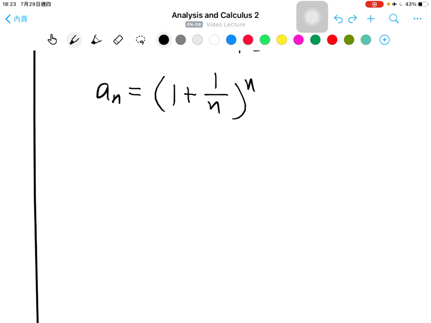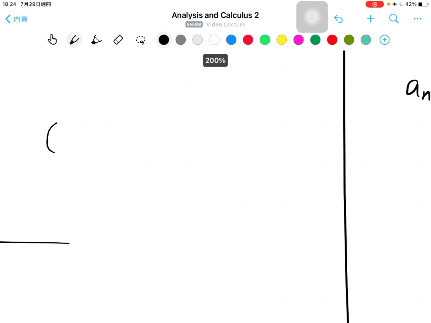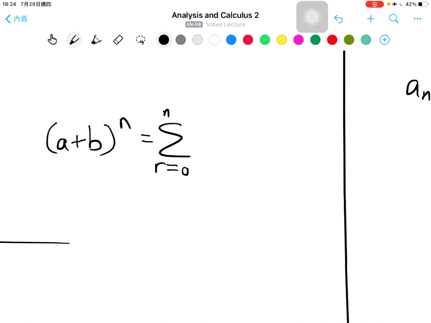We're gonna do something that is a little bit complicated here, so bear with me. Now, n is a positive integer, right? We're dealing with a sequence, so we can use the binomial theorem. If you forgot, the binomial theorem says (a+b)^n is equal to the summation of r going from 0 to n of nCr, combination n choose r, times a^(n-r) times b^r.